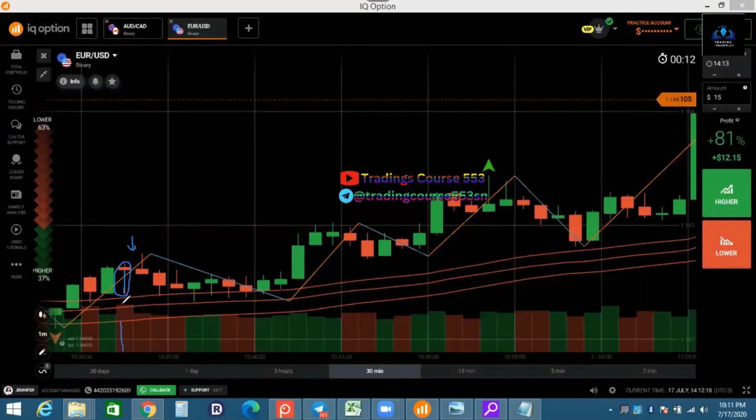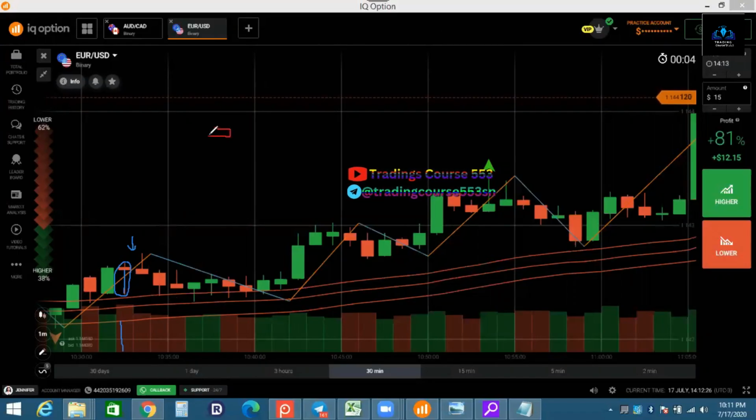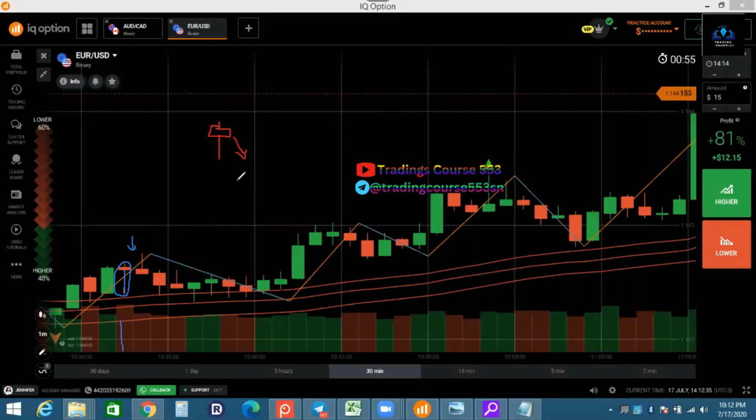If this candle has ultra high volume, it's a sign of continuation in the downward direction. Just understand this one. If this candle has an ultra high volume, it's a sign that it will continue in the next candle.